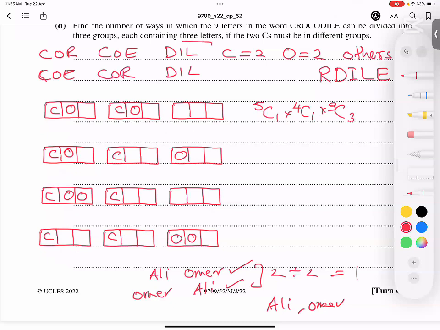Do you think they are different? First of all, let's decide this one. They are not different, they are actually the same. How the same? If I bring this before and this later, you see, students, they are treated as the same. So these 2 options are exactly the same, like Umar Ali and Ali Umar. So in a selection, whenever order does not matter, this kind of thing matters.